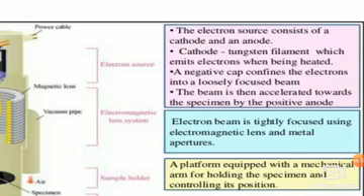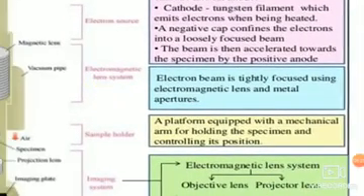The beam is then accelerated towards the specimen by the positive anode. In the electromagnetic lens system, the electron beam is tightly focused using electromagnetic lenses and metal apertures. A platform with a mechanical arm is required for holding the specimen and controlling its position. This is done by the sample holder.